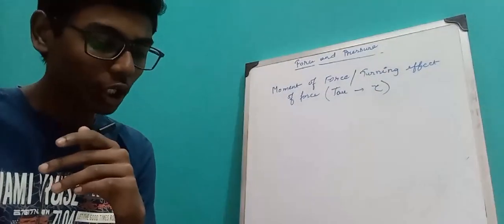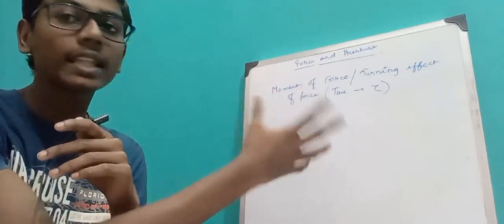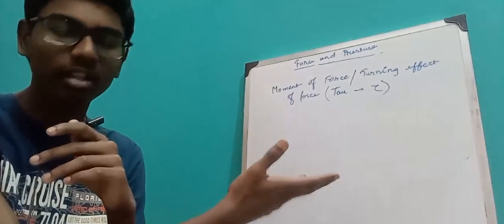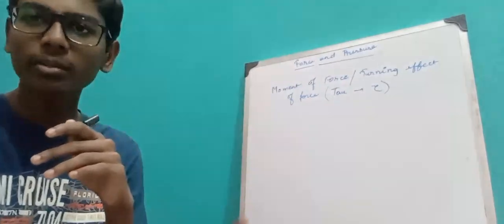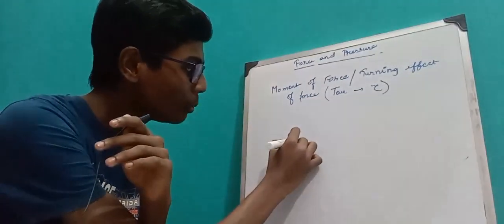So moment of force, turning effect of force, or tau. Tau is the representative symbol, and these two are synonymous names. Now suppose we take a body like this.